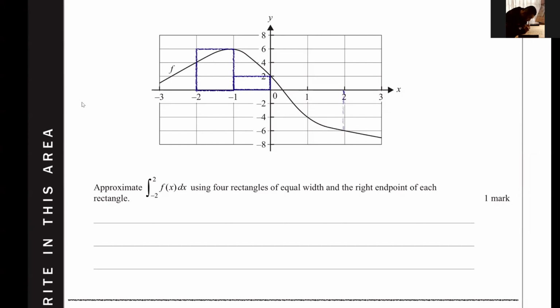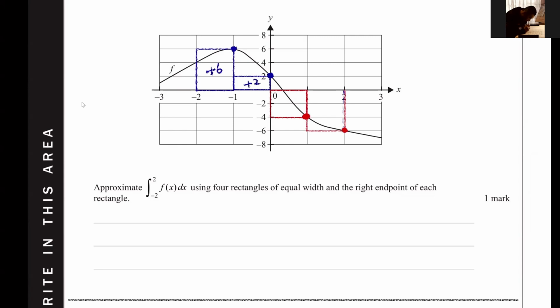And the next part is a bit interesting because now the next right endpoint is here. Can you see my dots here? And here, okay? So basically you want to find the sum of these 4 rectangles, but this is like +6.